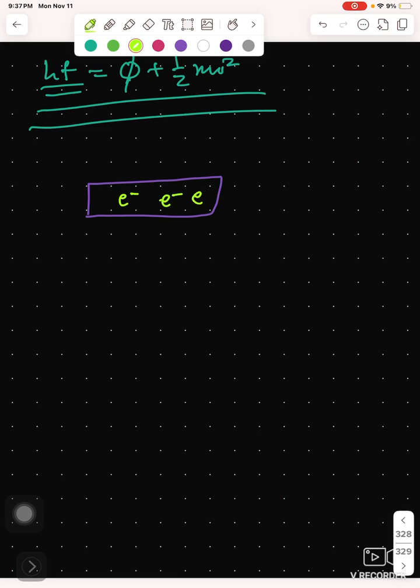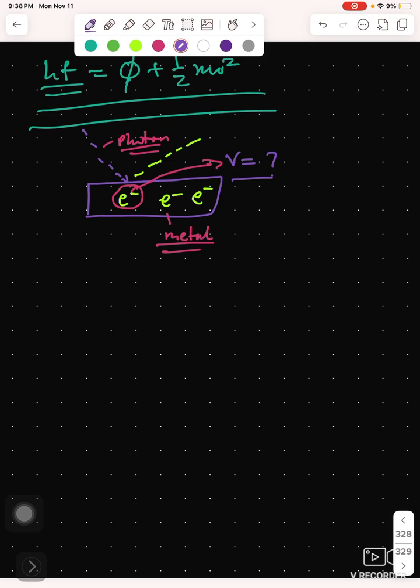The question is saying that light comes in terms of photons and hits this metal. A photon with a certain wavelength or frequency hits this electron. What will be the speed of this electron after the collision? I think collision is a good word to say.